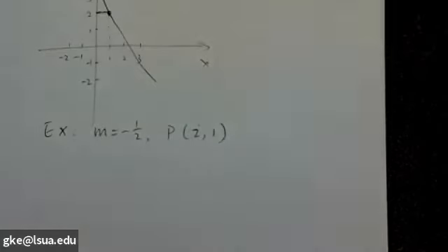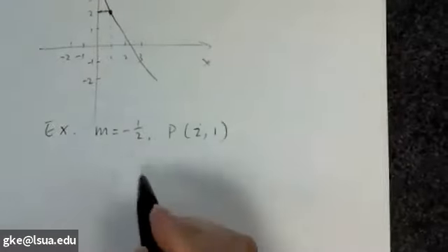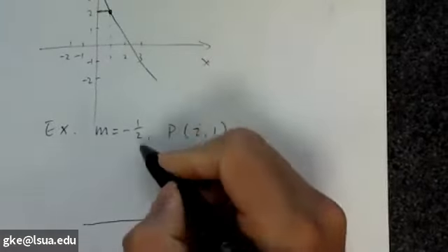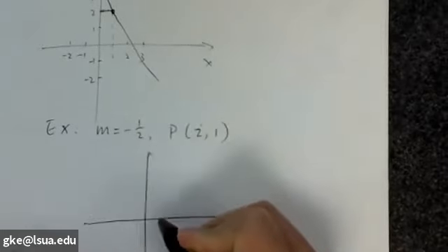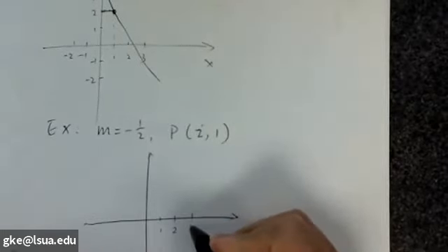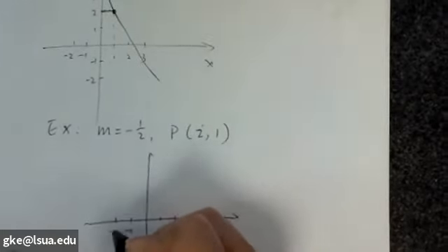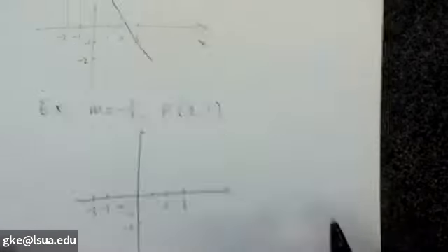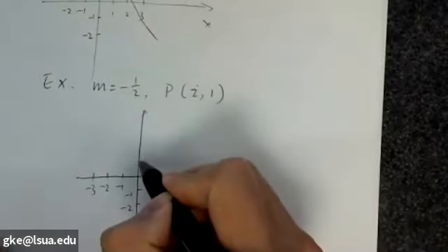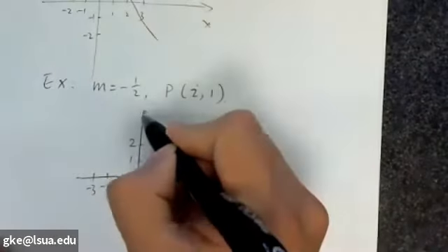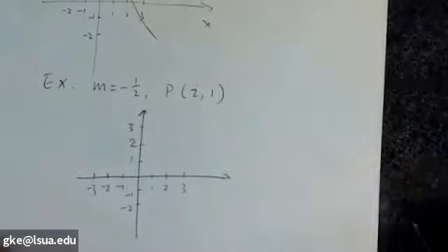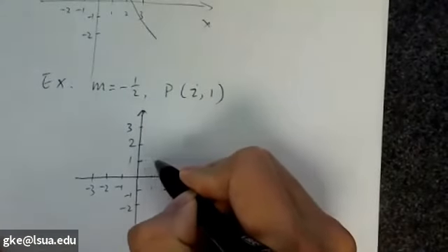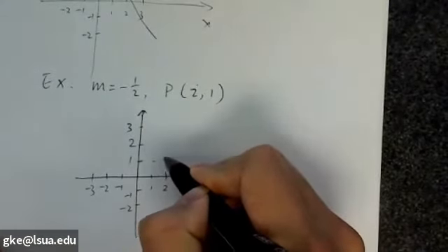Now let me write down the answer on the board. One, two, three, -1, 2, 3, -1, 1, 2. So here is (2, 1), right?